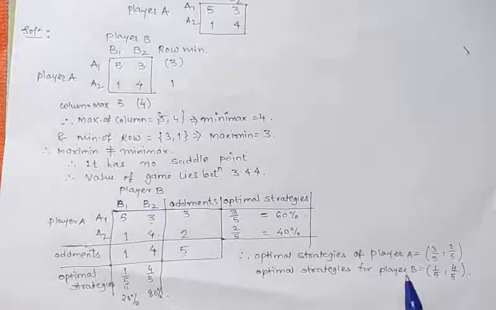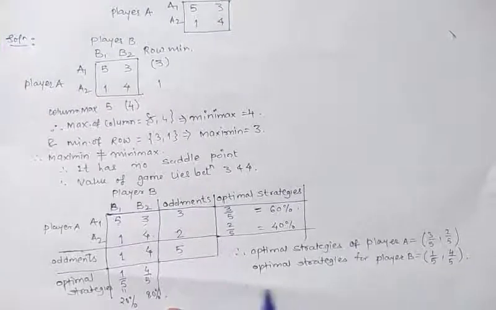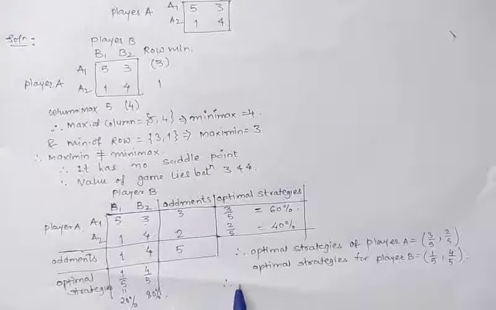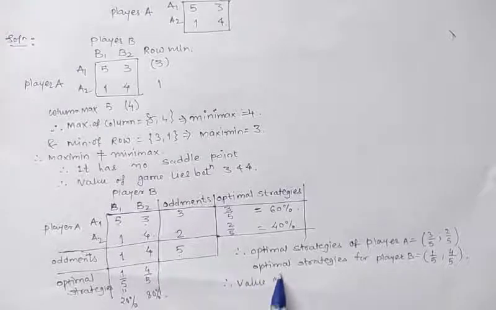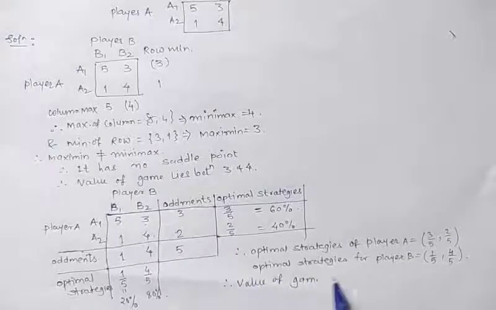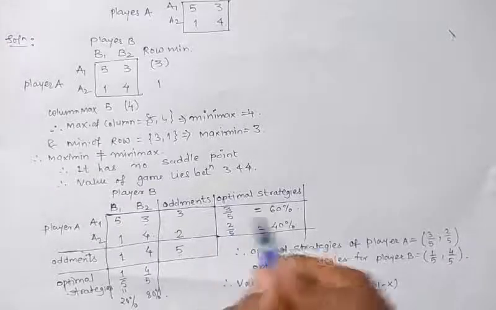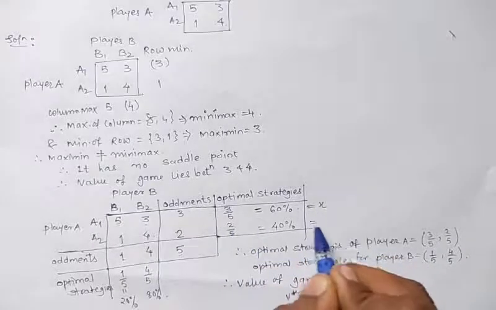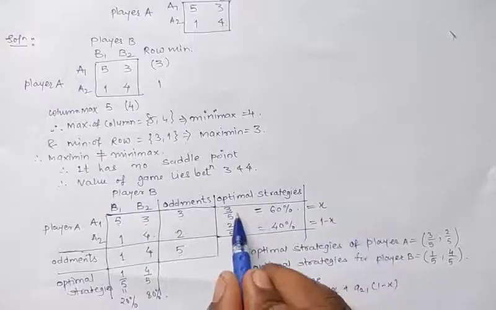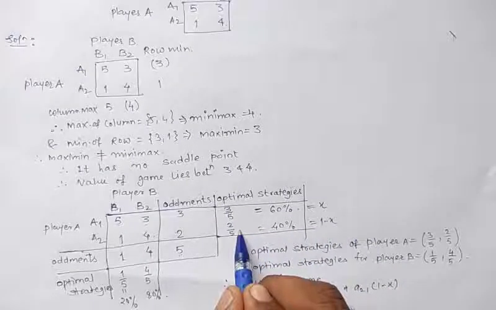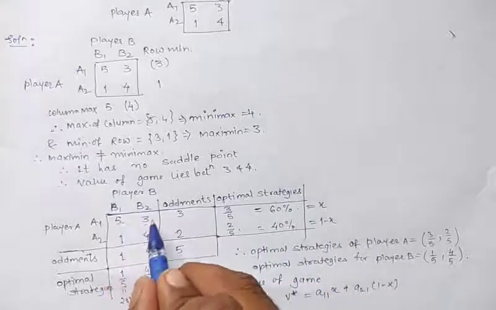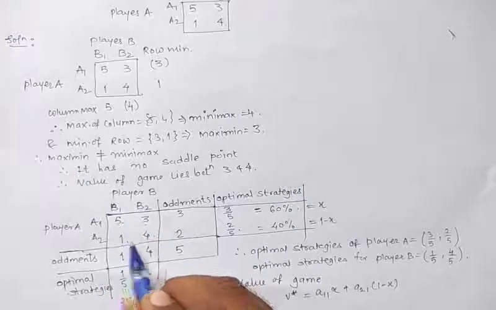Now we have to calculate the value of game. What is the formula for the value of game? Therefore the value of game V star is equal to A11 into x plus A21 into 1 minus x. This is the value for x and this is for 1 minus x, with A11, A12, A21, A22.